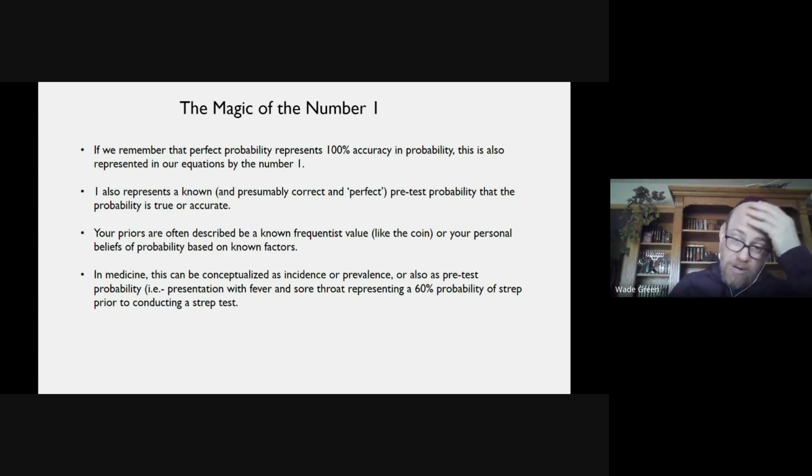A lot of your prior assumptions are going to be described generally as a static value, like a frequentist value, based on maybe what you've read in the literature, or on the prevalence or incidence of a certain condition. Or you might express that as a Bayesian value, a probability based on the history and known factors.